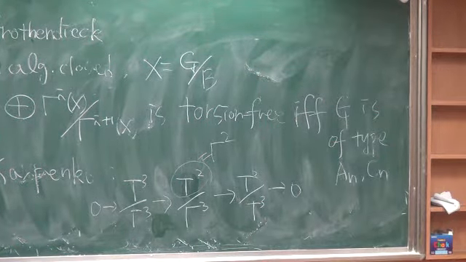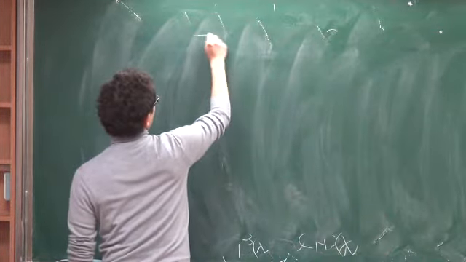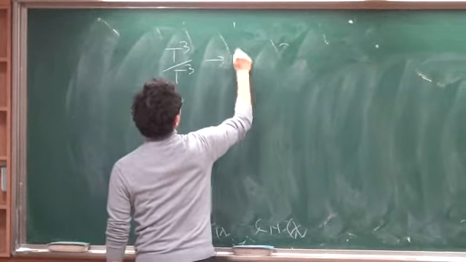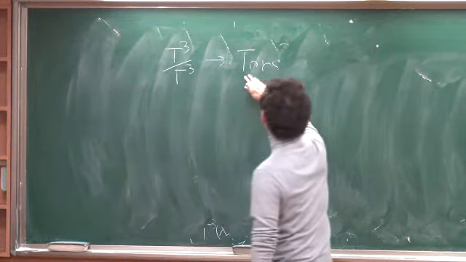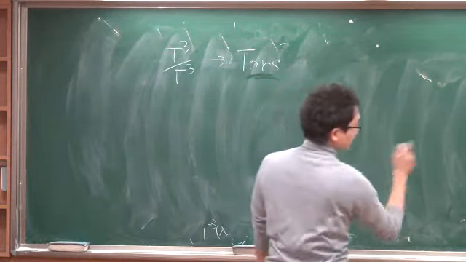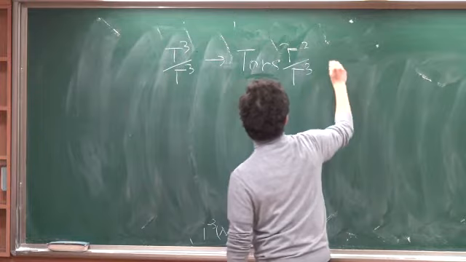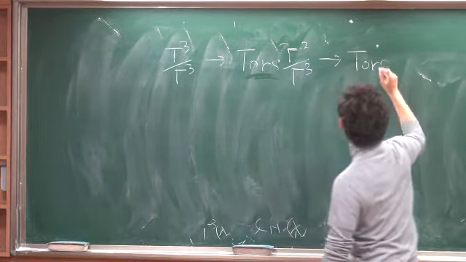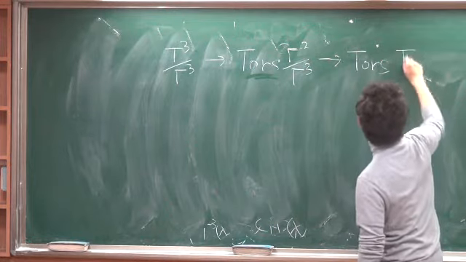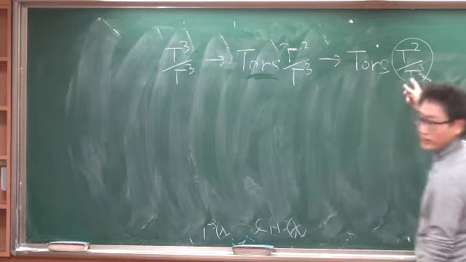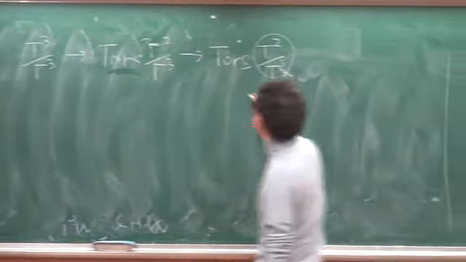And this exact sequence induces the following exact sequence. Torsion means the torsion subgroup of a given abelian group. The torsion subgroup of the topological filtration is indeed isomorphic to the Chow group of codimension 2.